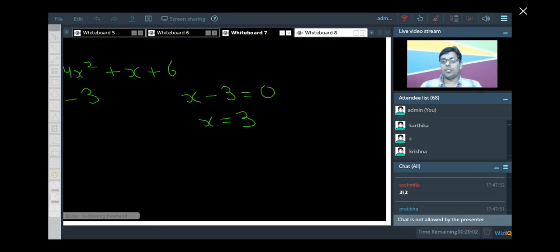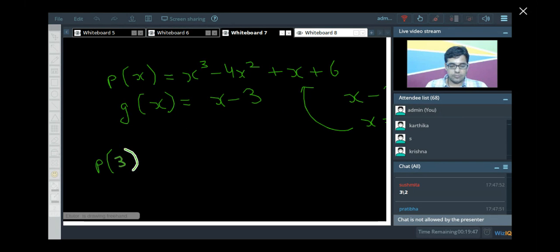Now substituting this value of x as 3 in the given polynomial, we can check whether the remainder is coming as 0 or not. It would become p of 3 equals 3 cubed minus 4 multiplied by 3 square plus 3 plus 6.